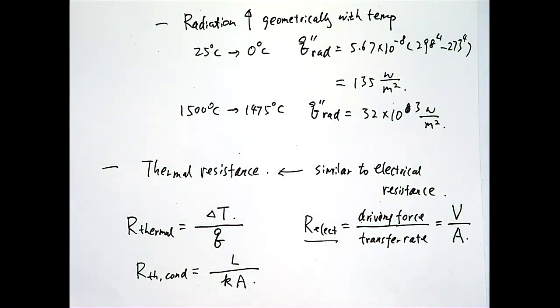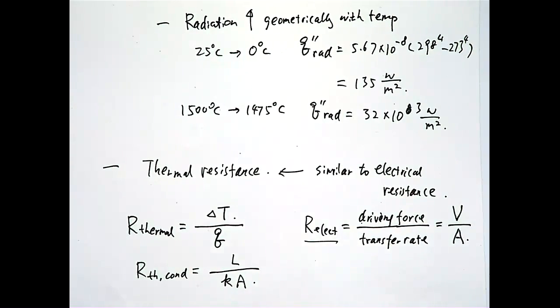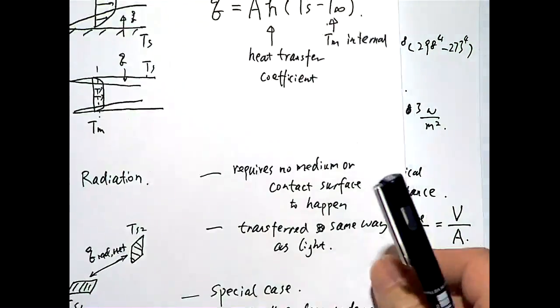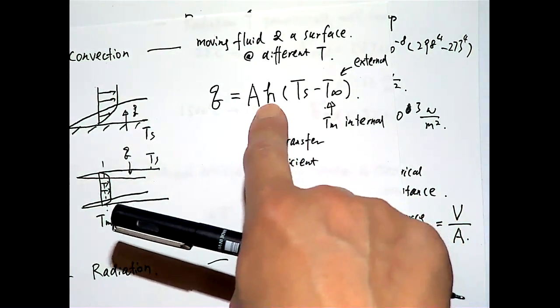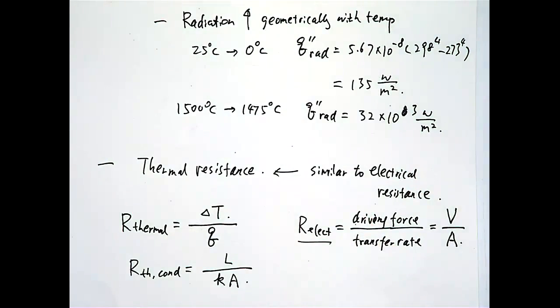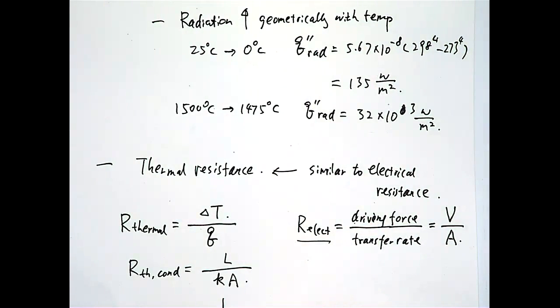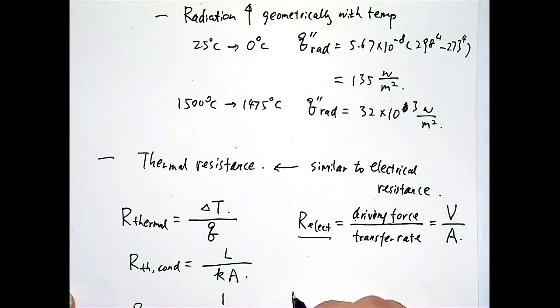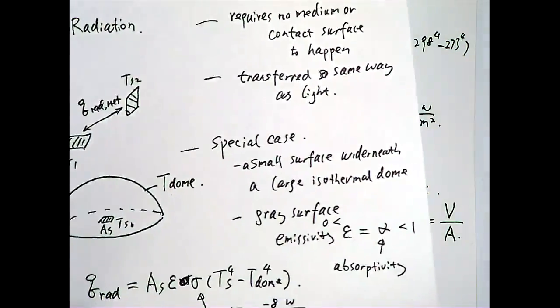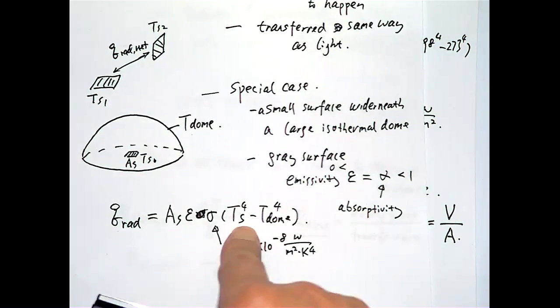And the convection, if we look at the rate equation there, the driving force and the rate, there should be 1 divided by that term. So that's 1 divided by hA. Right? And the radiation is more complicated, as said. But for this special case, we can also follow this definition and write this one.